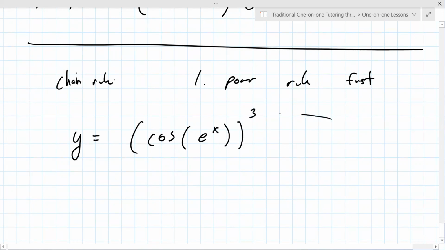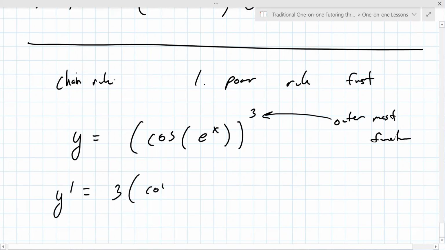This 3 is the outermost function or operator, so you have to deal with the power rule first. So y prime is 3 as you bring it down, cosine e to the x, to the 3 minus 1, because you use the power rule.